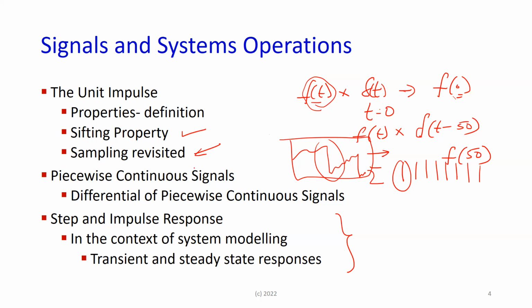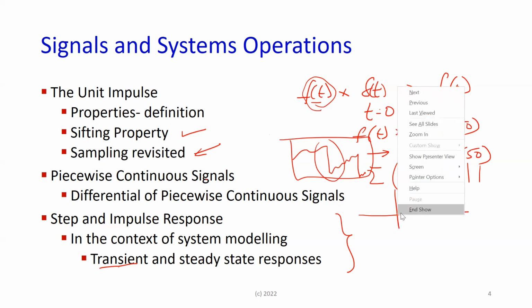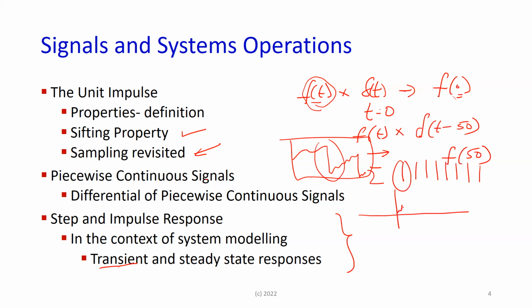And you met this in a previous course as well. You get something called a steady state response from it, and you get the transient response from it, right? So steady and transient, which is when you put a step input into something, it does some sort of behavior, right?